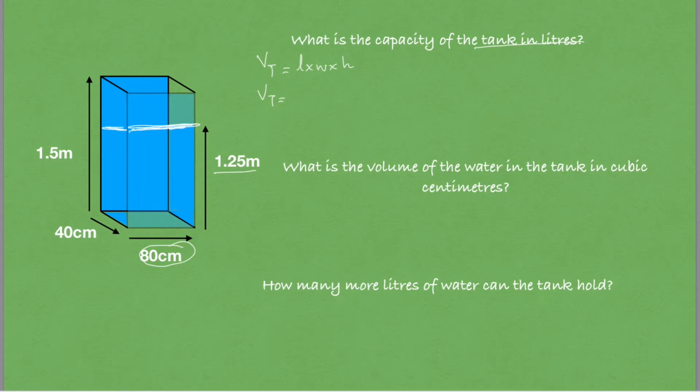tank is 80 centimeter, which makes 0.8 meter, and width is 40 centimeter, which means 0.4 meter, and the other units are given in meter. So length is 0.8 and width is 0.4 and the height is 1.5, and volume of tank equals 0.32 times 1.5 meter cube.